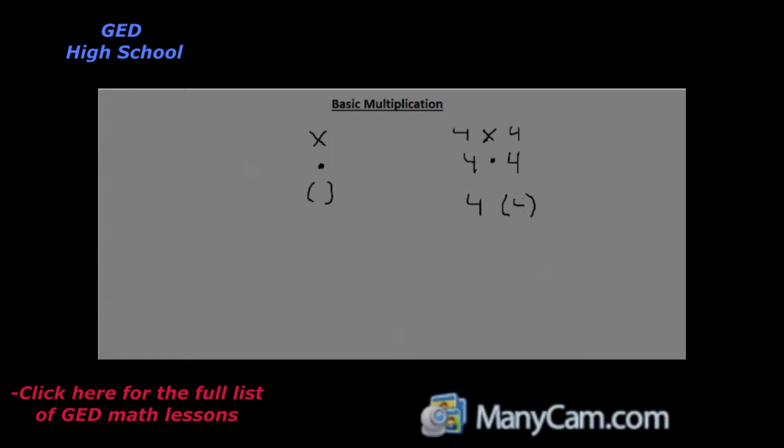Now, I encourage you to go online and find some practice problems. There's lots of free websites out there that encourage you to use the parentheses or the dot or the X, that give you a variety of each one of these.